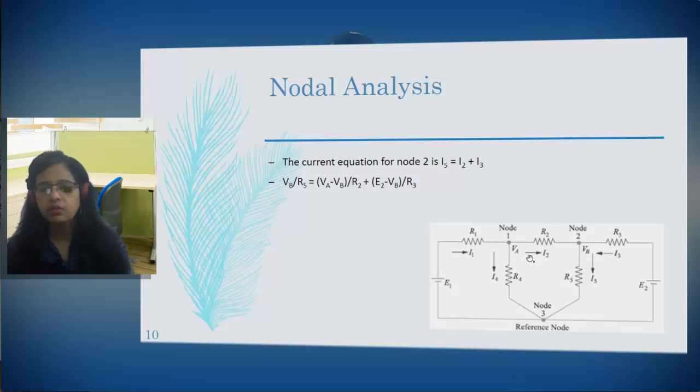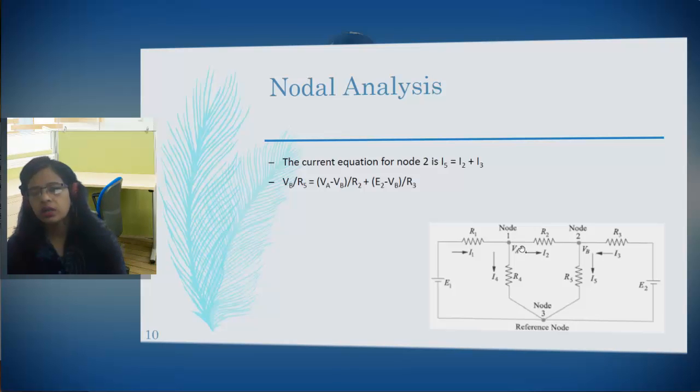If the other parameters are given, like E1, R1, R4, R5, R3, R2, all these values are known, we can put them here and we'll get two equations in terms of VA and VB.